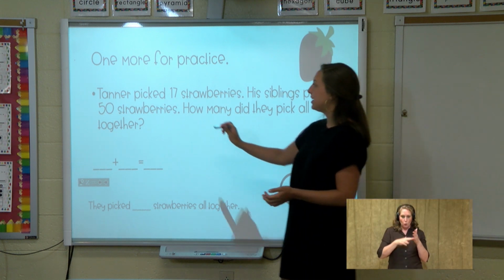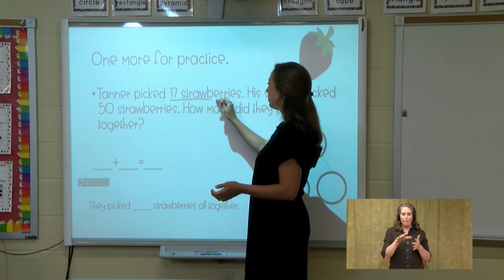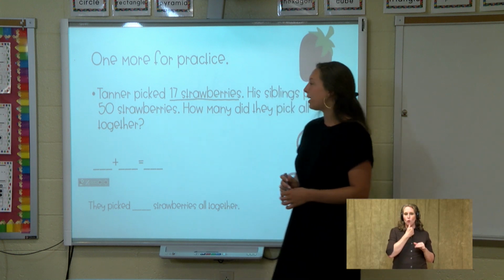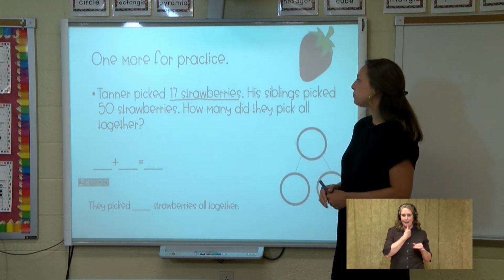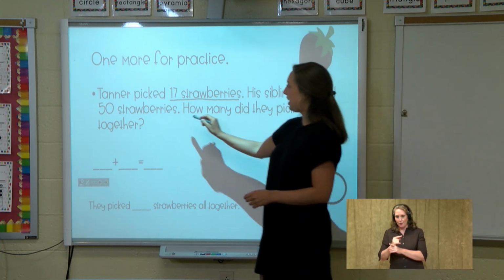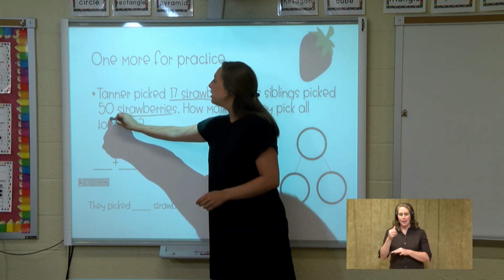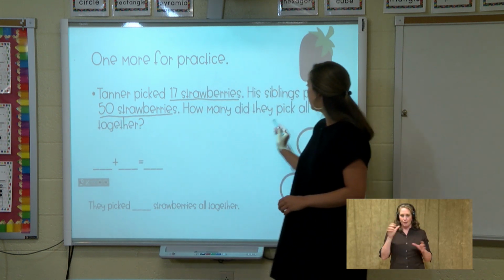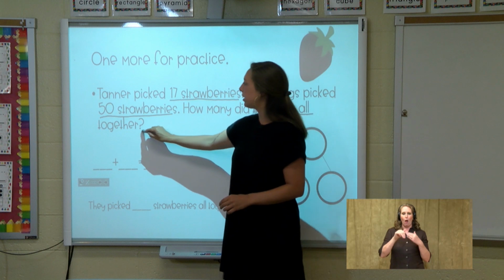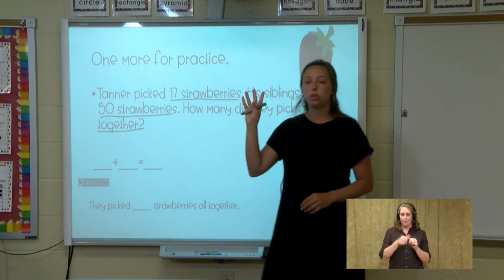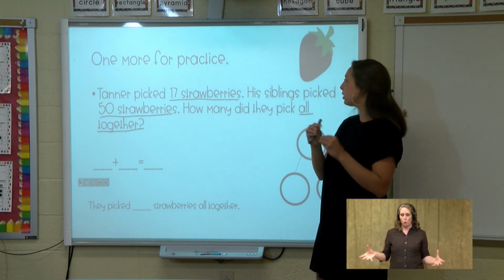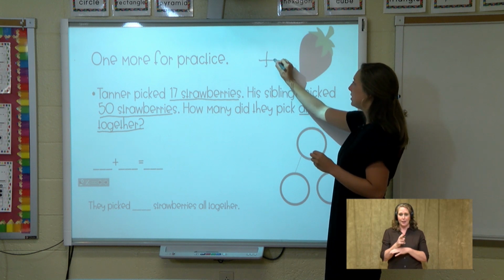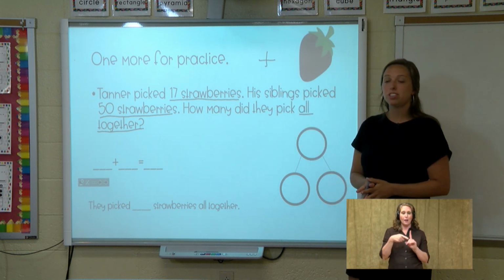Tanner picked 17. So Tanner's going to start with 17 strawberries. His siblings picked up 50 strawberries. So how many did they have all together? Remember, we're bringing two groups together. We're using this symbol, the addition symbol, to get a sum.